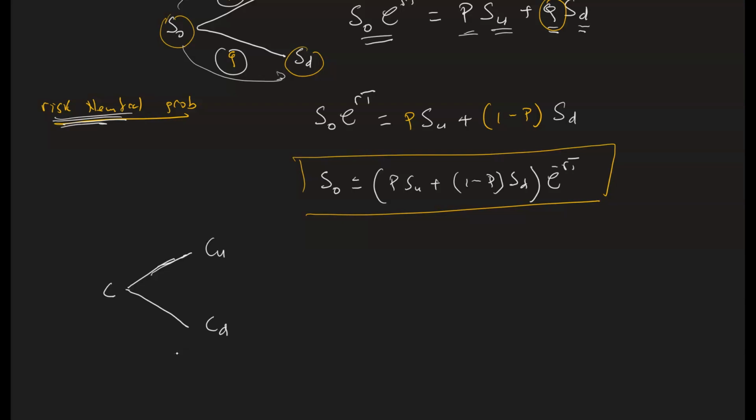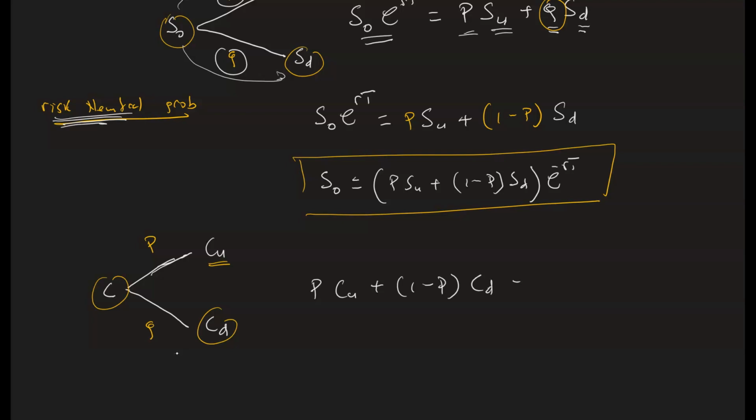And in that risk neutral world, if we have the probability P that the stock price is going to be increasing, which means we're going to have call up, and a probability Q that the stock price is going to be decreasing, which means we're going to have call down, the outcome of this call option is essentially going to be equal to P call up plus 1 minus P call down.